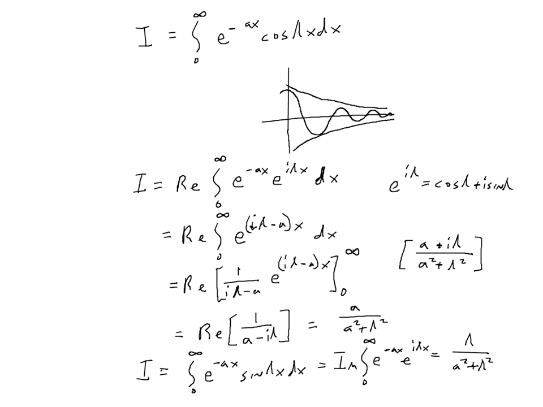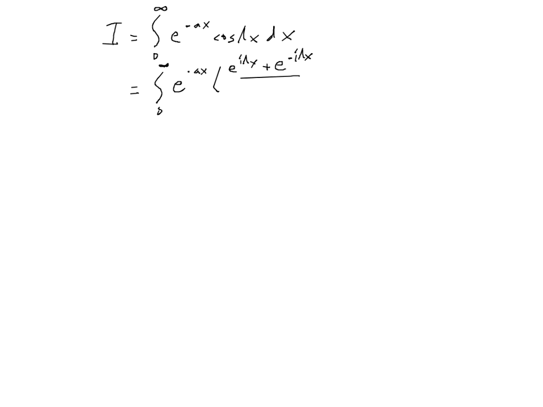Now another thing you could do with this exact same problem is we could take I equals the integral, and we could turn it into two integrals, because now we can have it as e to the minus ax times e to the I lambda x plus e to the minus I lambda x over 2 dx.